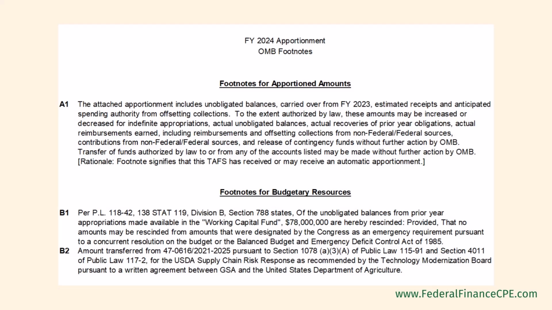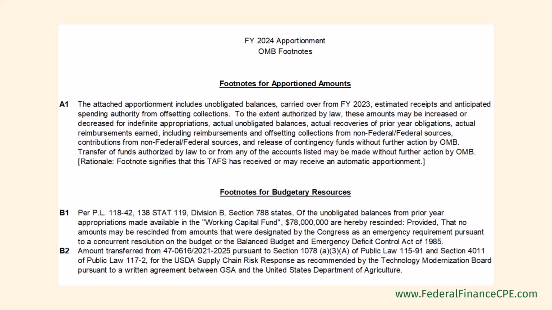To the extent authorized by law, these amounts may be increased or decreased for indefinite appropriations, actual unobligated balances, actual recoveries of prior year obligations, actual reimbursements earned, including reimbursements and offsetting collections from non-federal sources, contributions from non-federal sources, and release of contingency funds without further action by OMB.